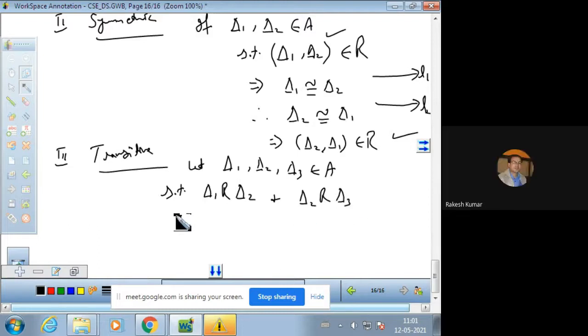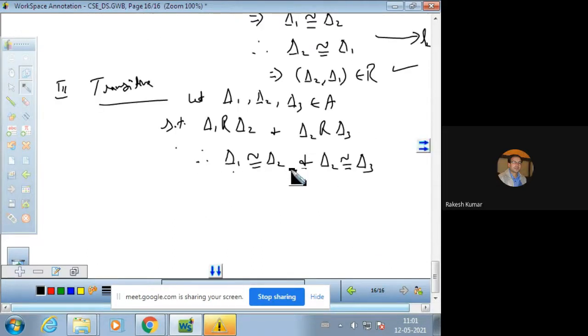Therefore, what do we want to prove? It means that delta 1 is congruent to delta 2, and delta 2 is congruent to delta 3. So the first triangle is congruent to the second, and the second is congruent to the third. So this gives that the first triangle is congruent to the third triangle.